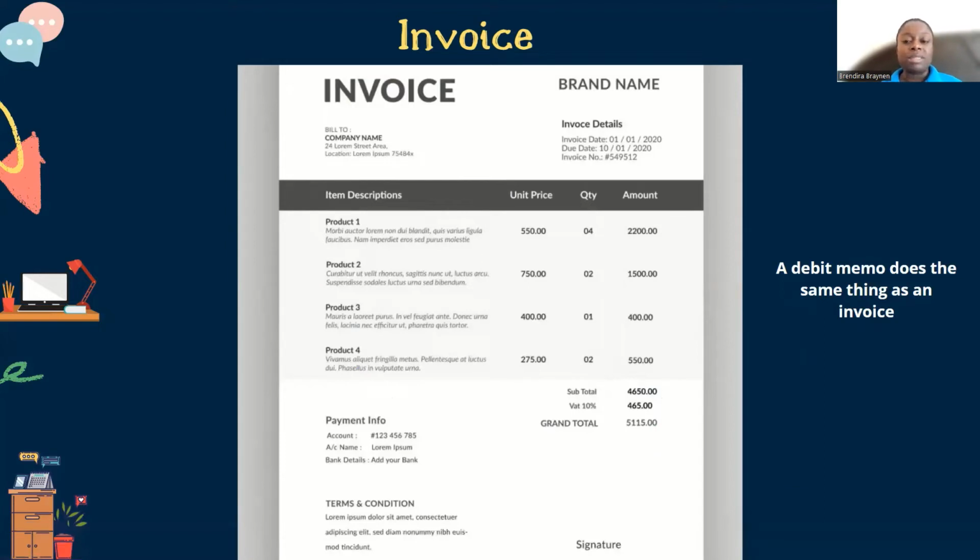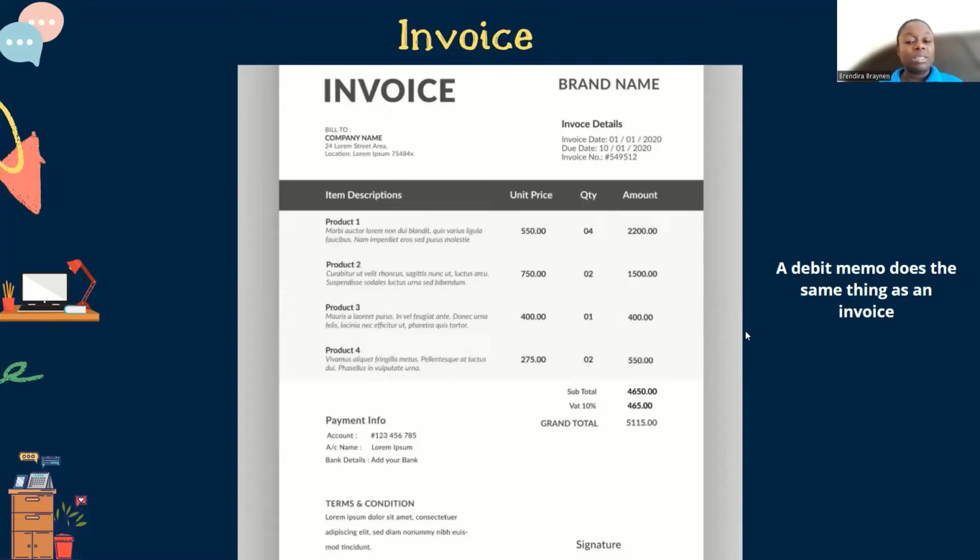A receipt comes after the payment is made, but sometimes persons buy on credit, meaning that you allow them to take the items out of the store without paying for it before they leave. But they take an invoice, which is telling them I'm going to give you a certain amount of days to pay this balance off, and you have to pay it at a later date. And they just give you an invoice to let you know how much you actually have to pay within a later date.